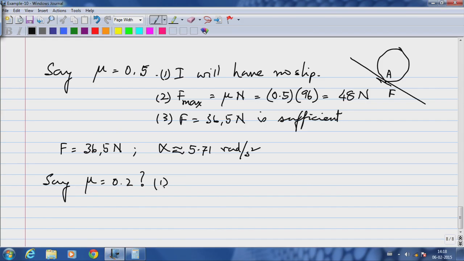The first conclusion you can say is that mu is less than the critical value of a Coulomb friction coefficient that is needed to sustain no slip, which means I will have slip at the point of contact.